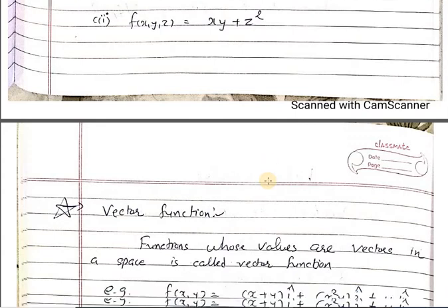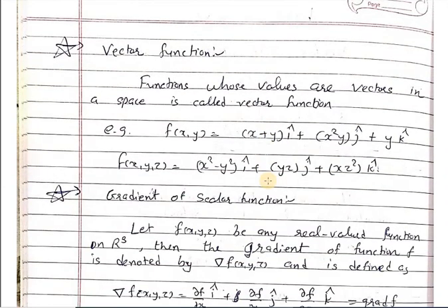In the same manner, we are going to define the vector function. A vector function has values that are vectors in a space, and it can also take any number of variables. So the answer is in the form of a vector. For example, f of x comma y is equal to (x plus y) into i, x square y into j plus y into k.